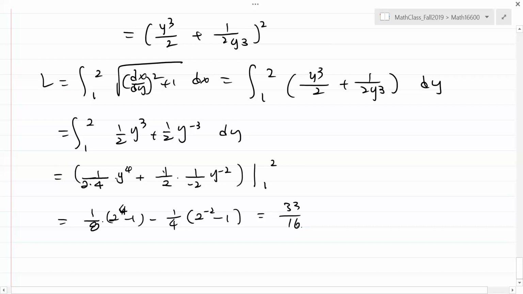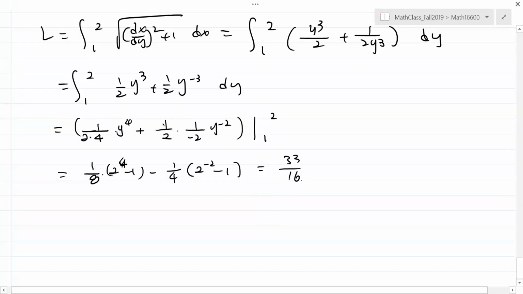But setting up an integral is very important, because otherwise, how can you tell the computer, right? You want to find the length, right? The computer can evaluate integrals, but you still have to give the integral to the computer, right? So set up an integral. Yeah, we have to know how to set up an integral.